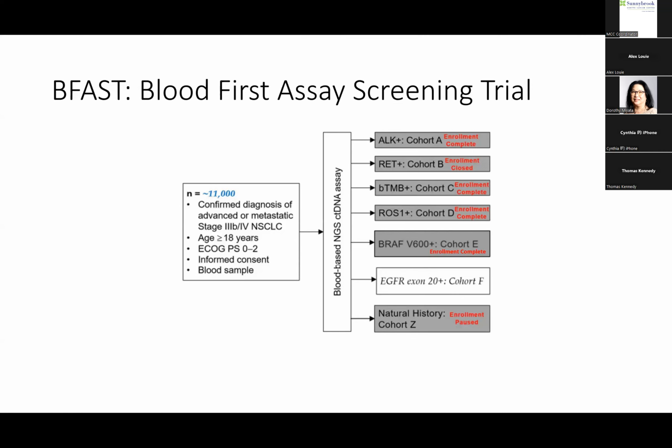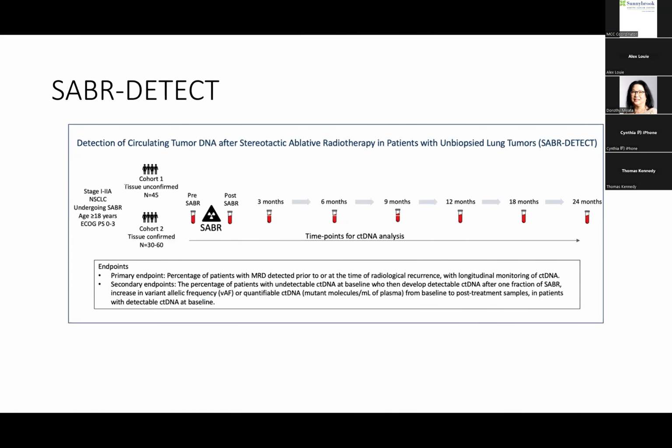And then lastly, our SABRE Detect trial, which is being run both here and in London, is a trial looking at the use of circulating tumor DNA in our early stage patients, which have consistently provided some difficulty in terms of the sensitivity of the ctDNA testing.